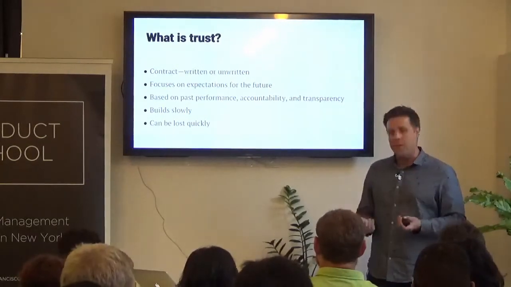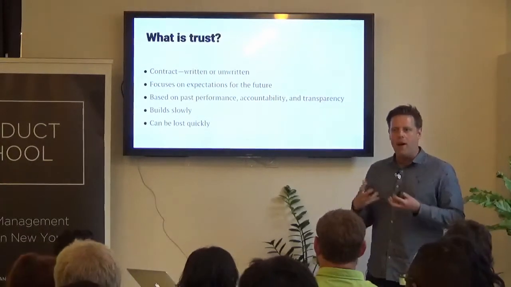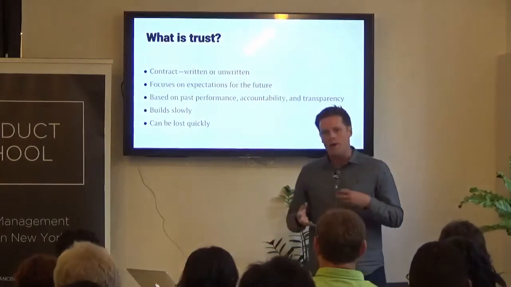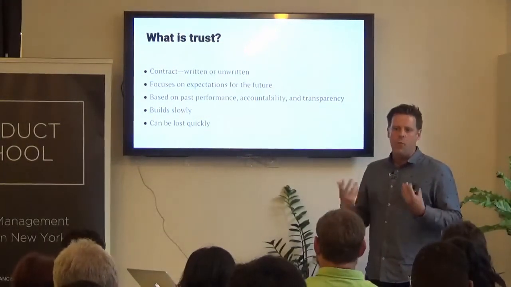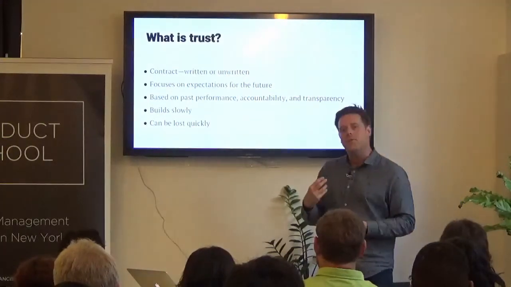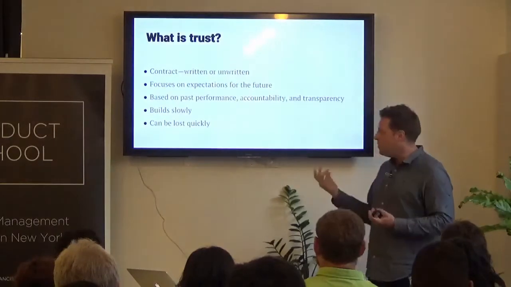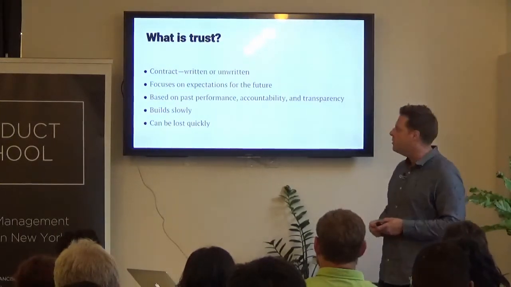Am I doing something that I'm saying I'm going to do? Accountability is that if something goes wrong, how am I at fault for that in some way? How do I take care of problems that come up out of that? And then transparency is that, do you understand why I'm thinking the way I do or why I'm taking action? And how do you build models about the way I do things? And this builds slowly, but it can be lost very quickly. Right, so that's kind of my overview of trust.